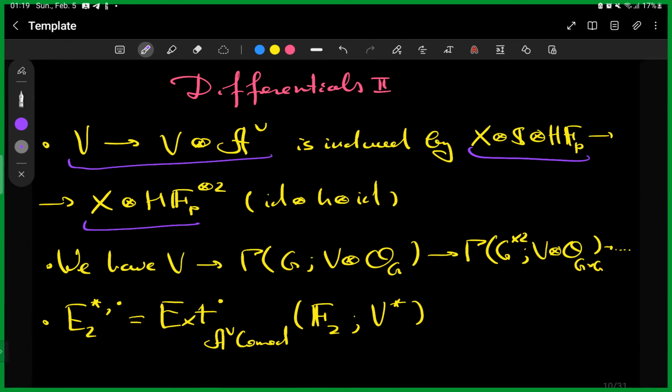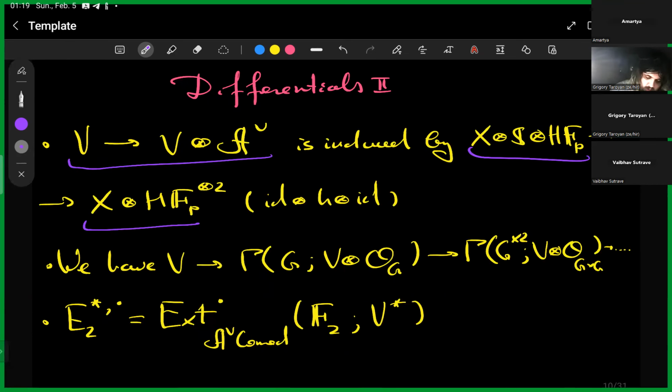And this means that for an arbitrary comodule over the dual, we have, I guess, a cochain complex, or chain complex, it depends on your grading conventions, which works like this. So we take V, then we map it to global sections over this group scheme, which is the spectrum of the dual Steenrod algebra, of the sheaf which is obtained like this, and so on.